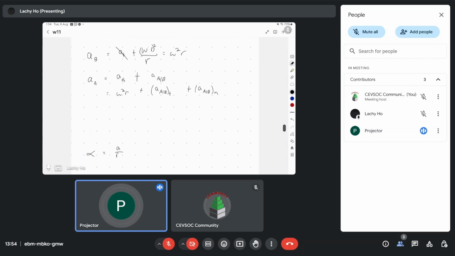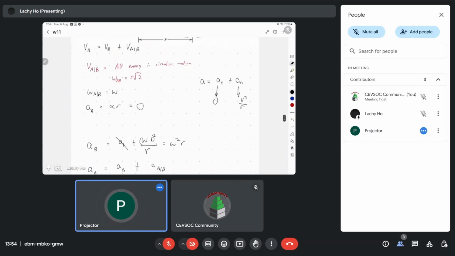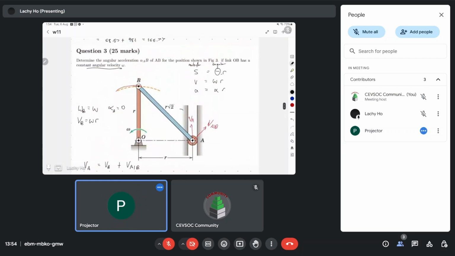All right, so we need to find the acceleration in the tangential direction and the acceleration in the normal direction. To go back to our diagram, we can see that A itself is moving in a straight line, so it's moving directly up.